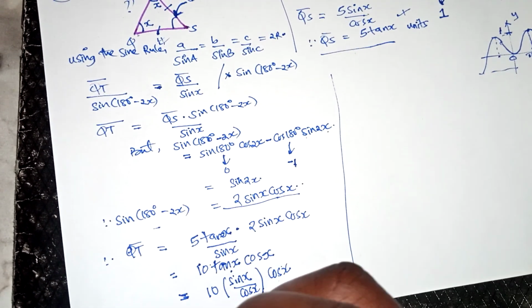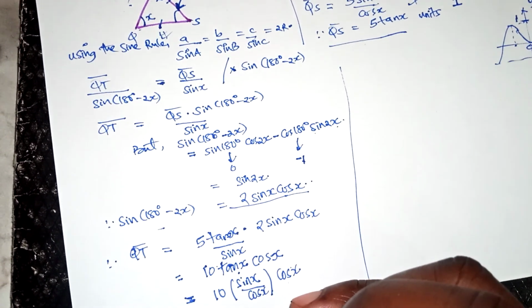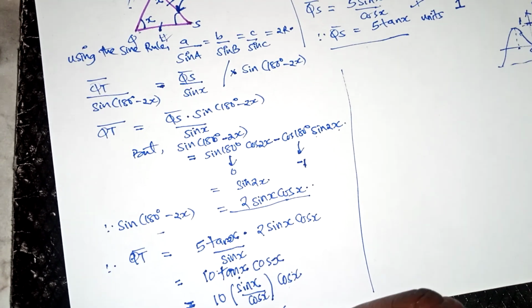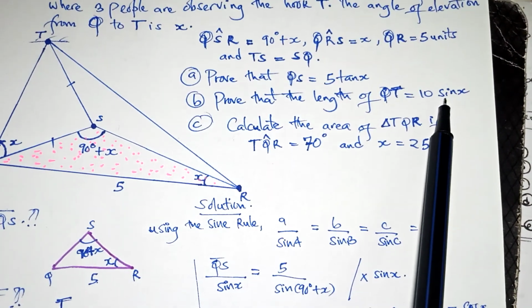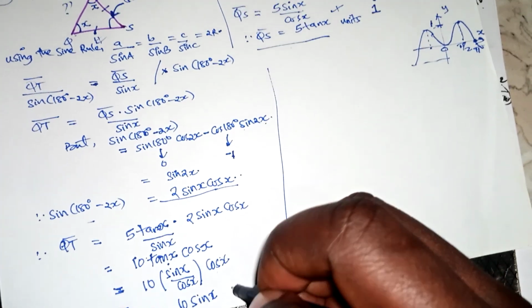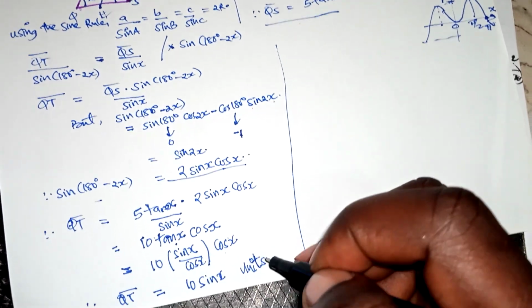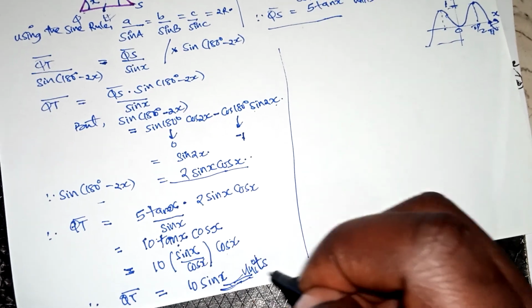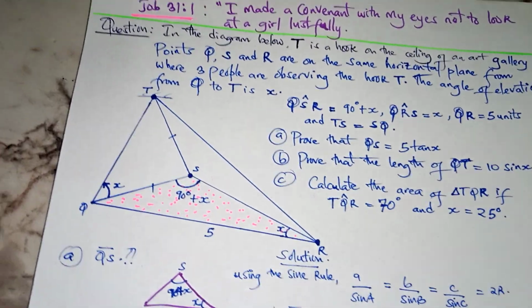And we see that therefore QT is 10 sine x, okay, which is what we are looking for, but I'm going to still put units. Guys, that is that, we can still give ourselves a half mark. Okay, so that is part B.